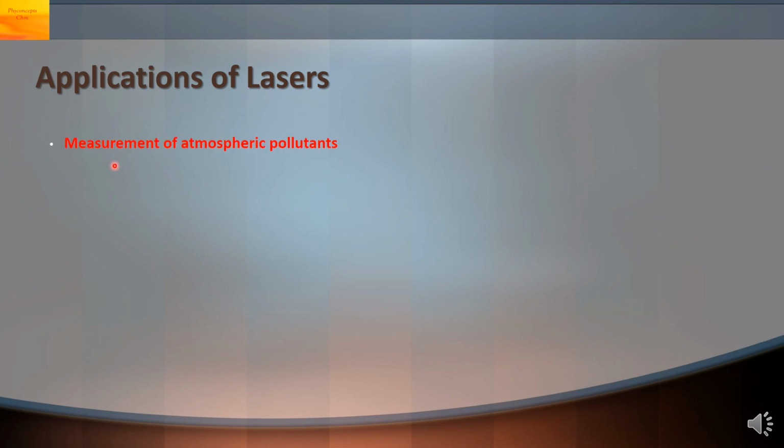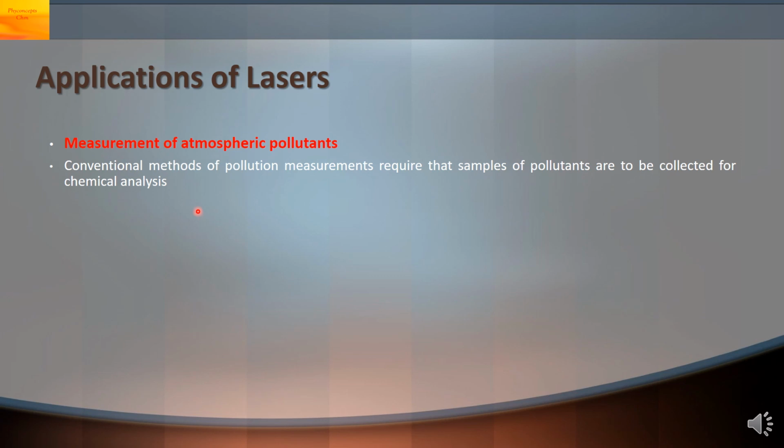Next, measurement of atmospheric pollutants. Now, understanding the Earth's atmosphere helps us in solving the growing issues of environment like greenhouse effect, ozone depletion, melting of glaciers, etc. The conventional methods of pollution measurements require that the samples of pollutants are to be collected for chemical analysis.